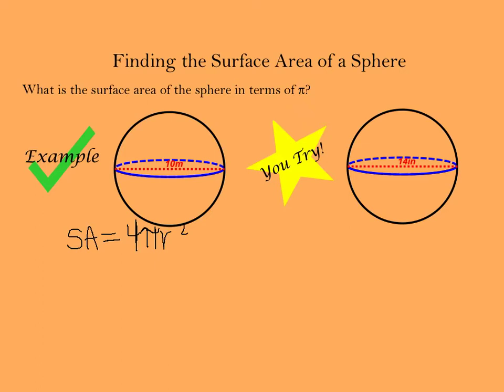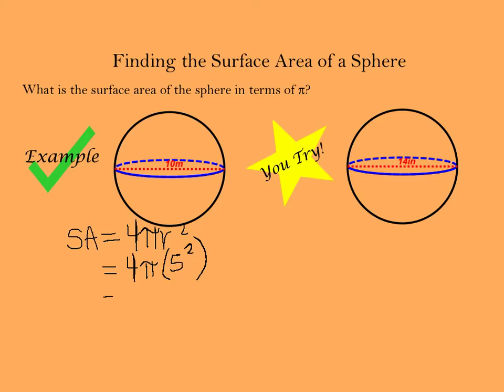If we look at our diagram, we see that our diameter is 10, which makes our radius 5. So plugging in 5 for radius, I have 4 times pi times 5 squared.